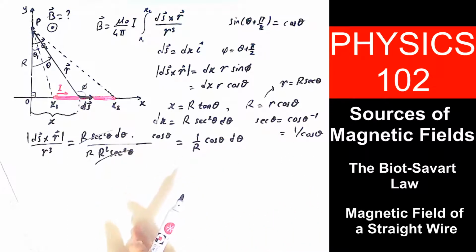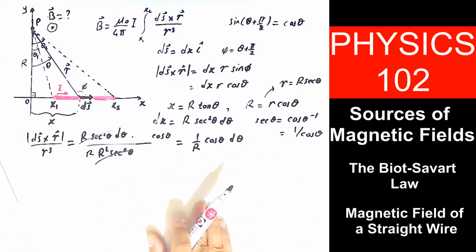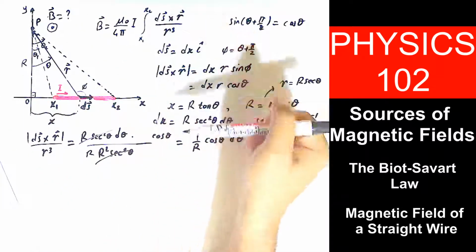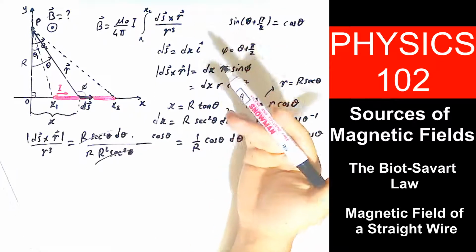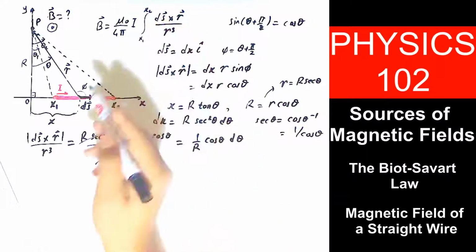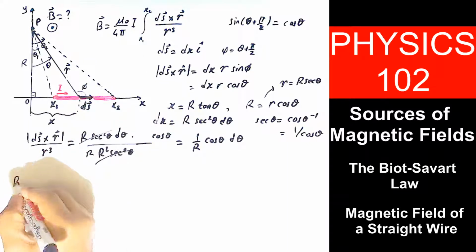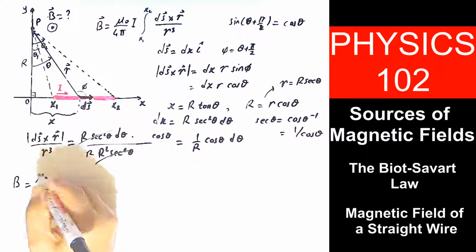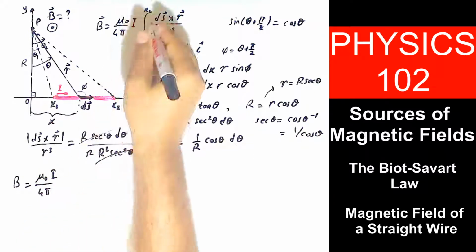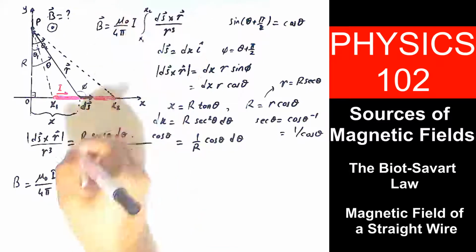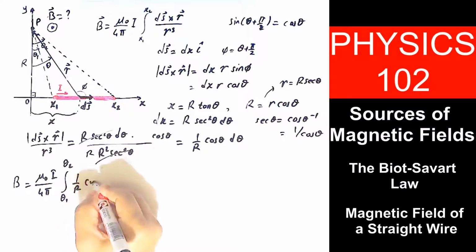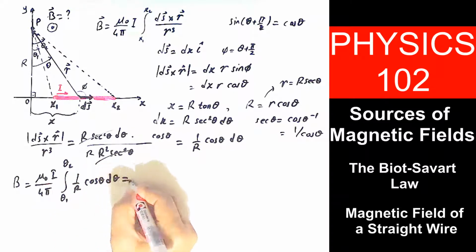So my claim was that if you express everything in terms of angles, the integral will be very simple to take. So I was right. Then I will rewrite this integral with the magnitude of the magnetic field, mu 0 I over 4 pi, and now the integration limits are changed to theta 1 and theta 2. We have 1 over R cosine theta d theta.